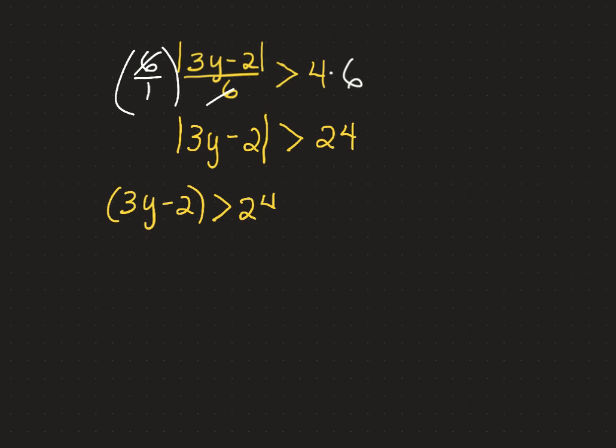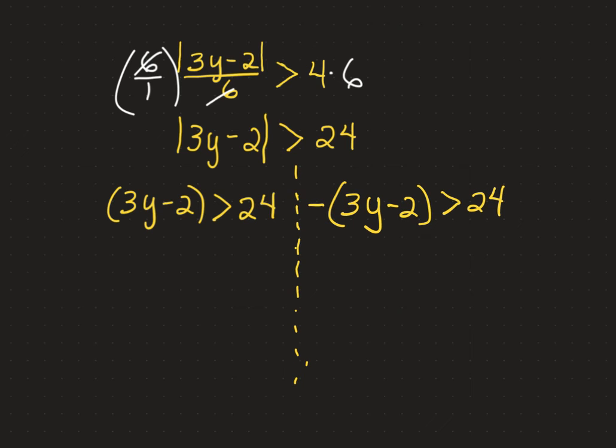If that's positive, then we know it is greater than 24. But also, if everything within that absolute value is negative, it is still greater than 24. So now we just have to solve each of these separate inequalities for y.